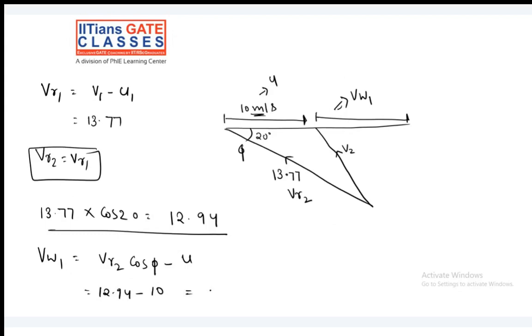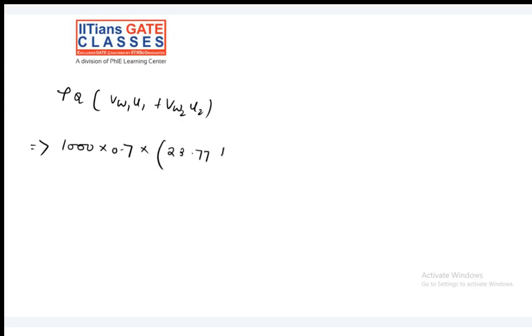So VW1 is 2.94. So now I can find out the work done, or the runner power. Yes or no? So how do we find out? This is nothing but rho Q times (VW1 plus VW2) times U. So rho value is 1000, Q value is 0.7, VW1 value is equal to V1, which is 23.77, plus VW2 value just now we have seen is 2.94, and U value taken common is 10.